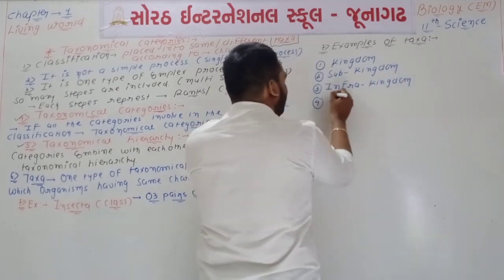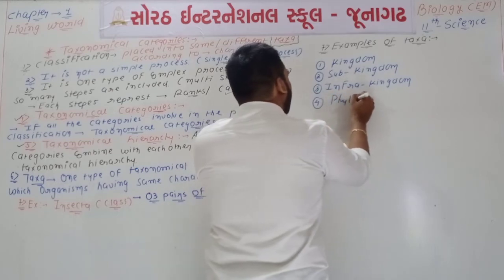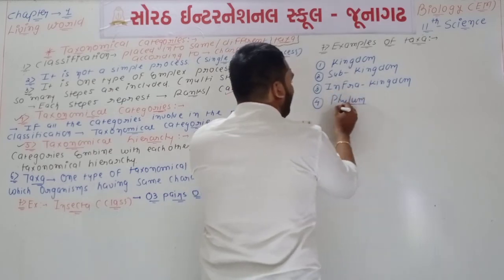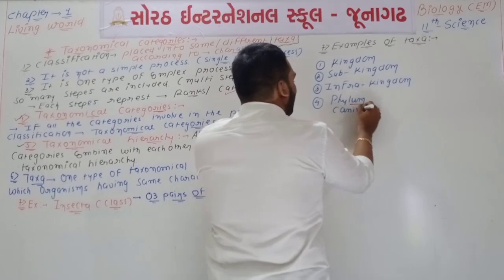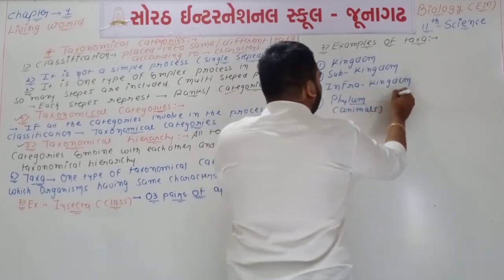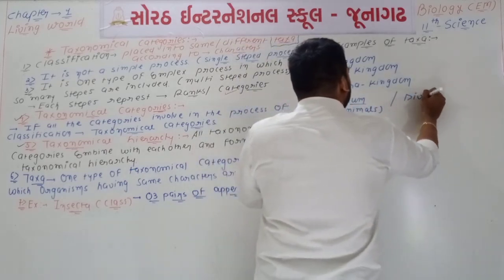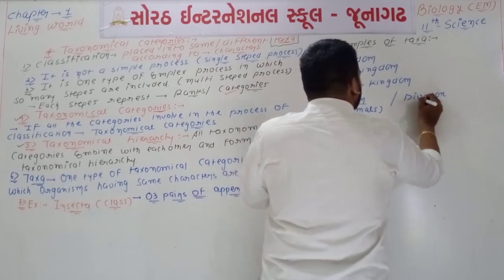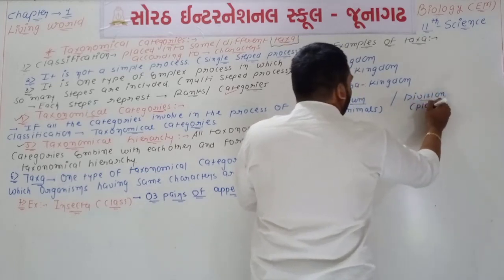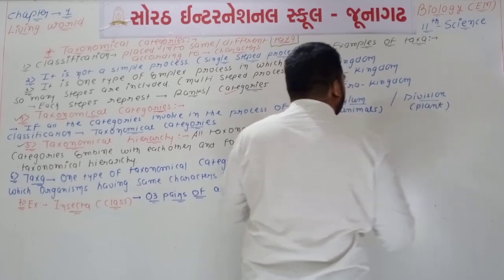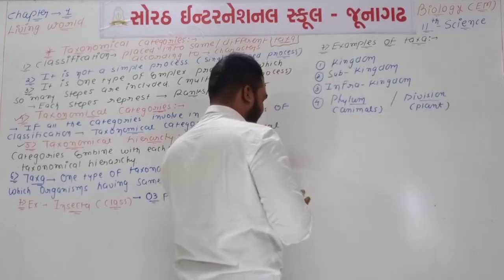Fourth one is phylum. But remember, phylum is only used for the classification of animals. For plants, the word division is used. Division is one type of taxa which is used for plants.